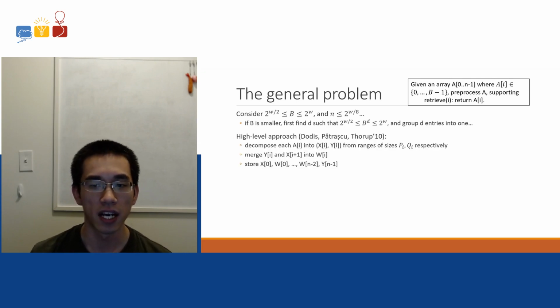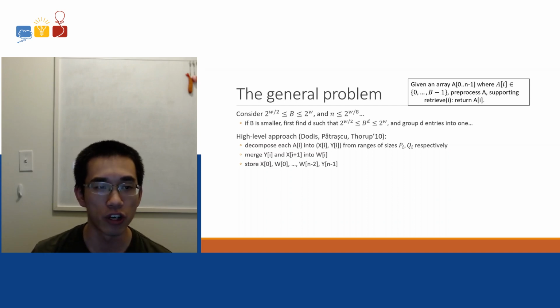And the high-level approach of this data structure by Dodis, Patrascu, and Thorup is very similar to the solution I just showed you. We're going to first decompose each entry of this array into a pair xi and yi, but now from ranges of different sizes, of sizes pi and qi respectively, and then we are going to regroup these small integers into large integers.